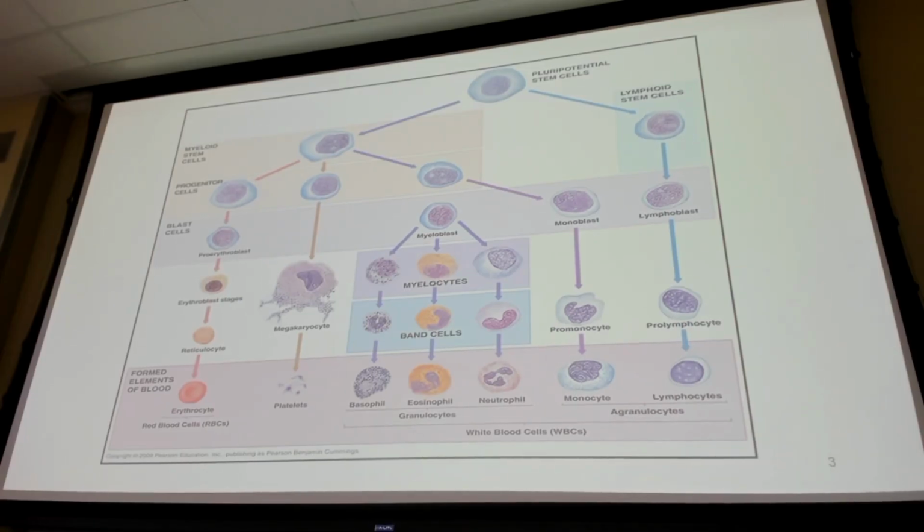That's a normal person. MDS, what happens is this cell, every now and then, kicks out a crazy looking cell, something that's not normal. It produces a blast cell that's not normal. It's not like this other cell. All right, so I got this funny blast cell that freezes and does not continue to mature.